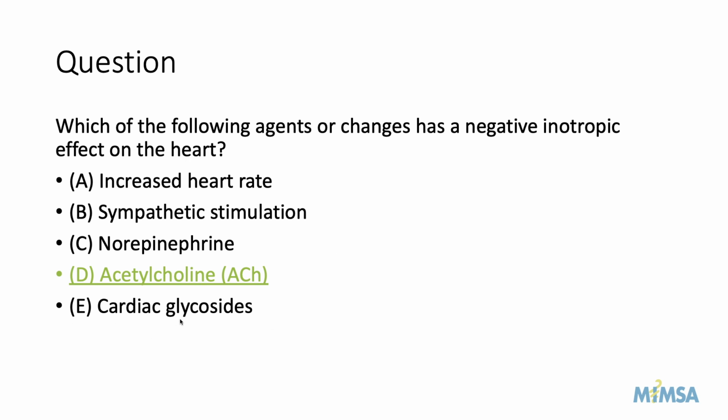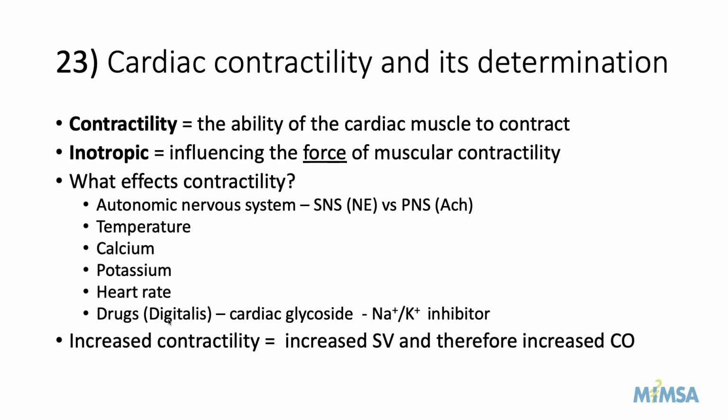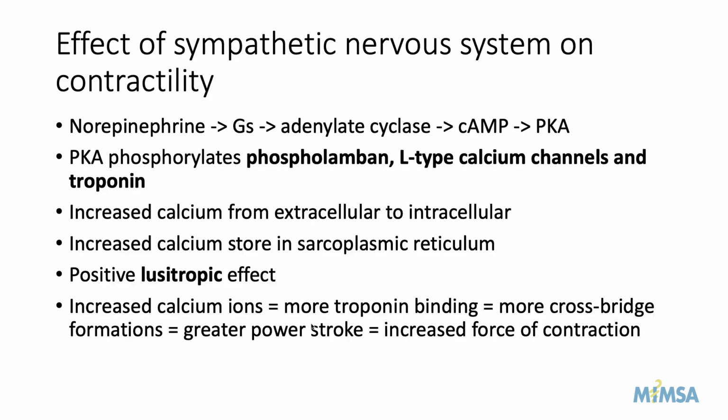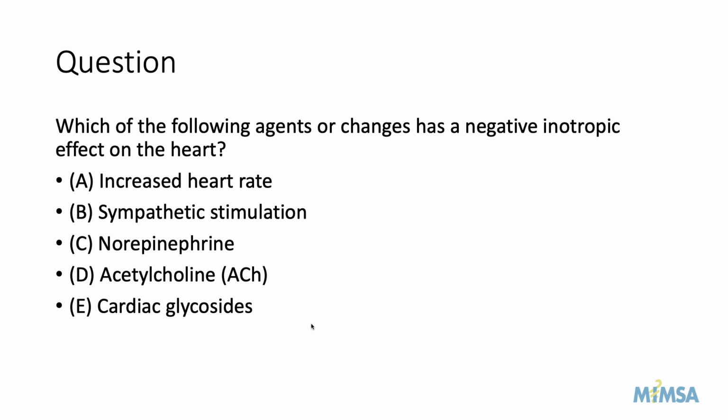And cardiac glycosides was the digitalis drug that I was talking about before, which was the sodium potassium inhibitor, which also increases contractility. So acetylcholine works via the parasympathetic nervous system, and the parasympathetic nervous system is what decreases the contractility. So I hope that was clear for you guys.